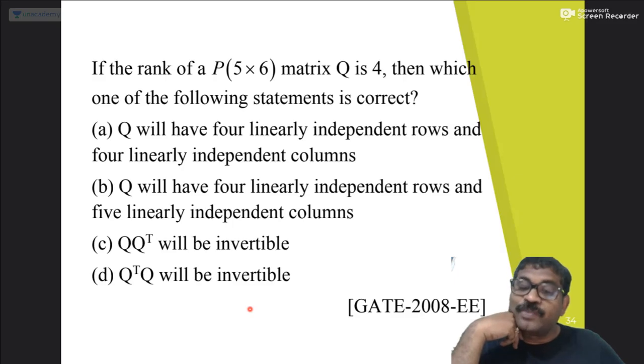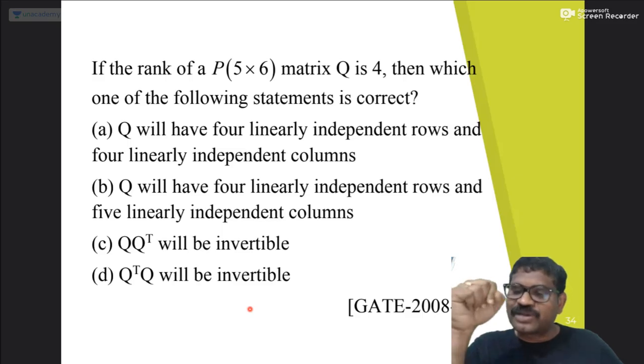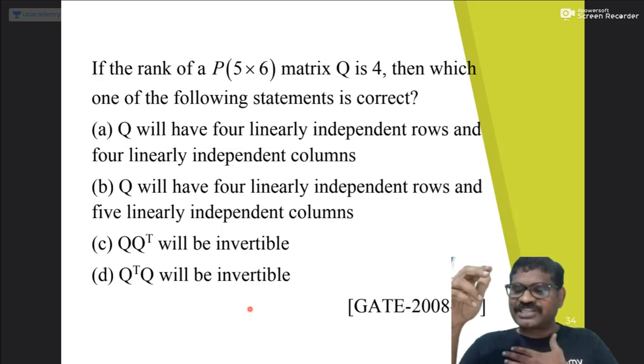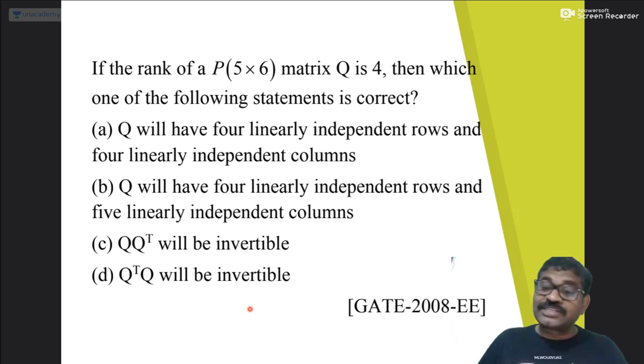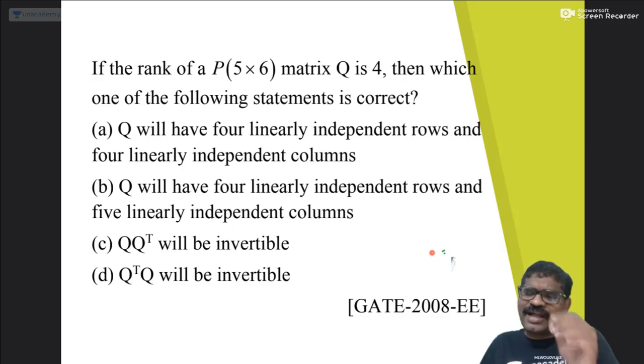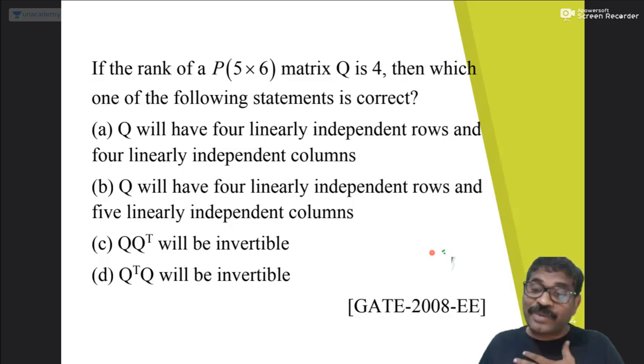Both. Very good. Because I have applied row operations, I found 4 non-zero rows. Some other student applied column operations. He got 4 non-zero columns. He found that rank is 4. I have applied row operations and found 4 non-zero rows.